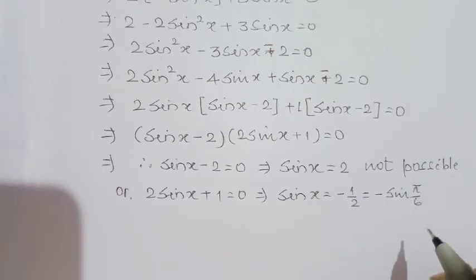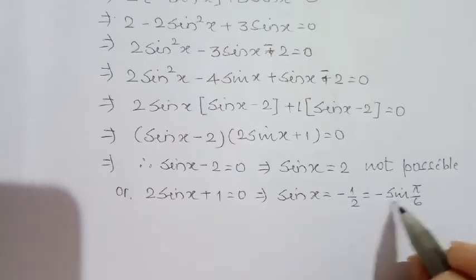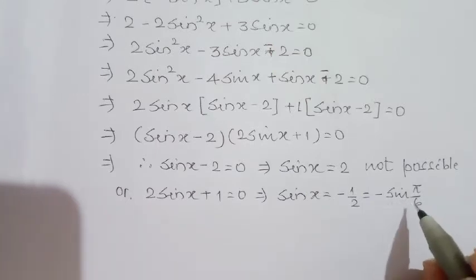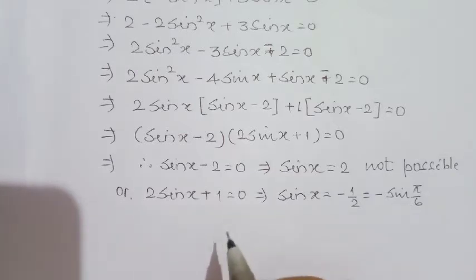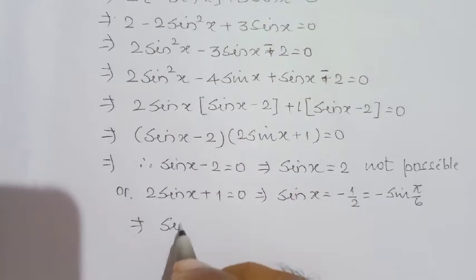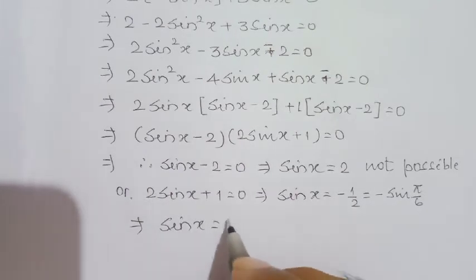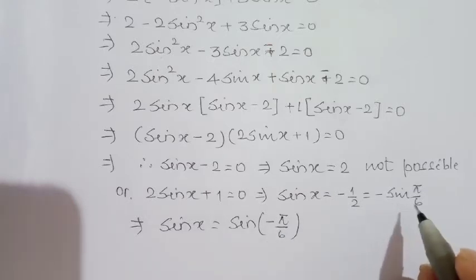Sin pi by 6 is 1 by 2. So sin minus theta will be minus sin theta. So we also write it as sin x is equal to sin minus pi by 6. Sin minus theta is minus sin theta.